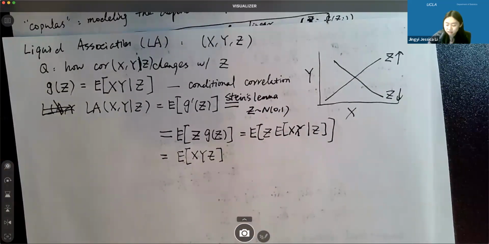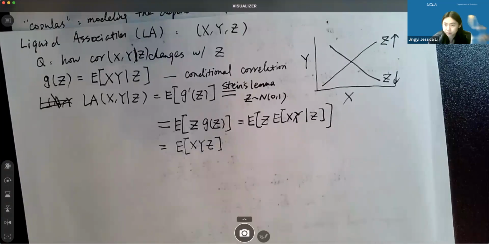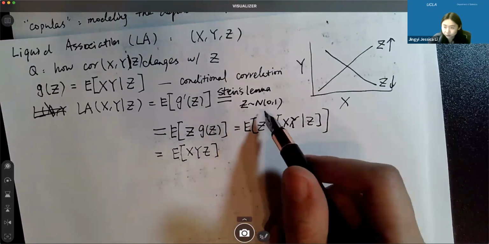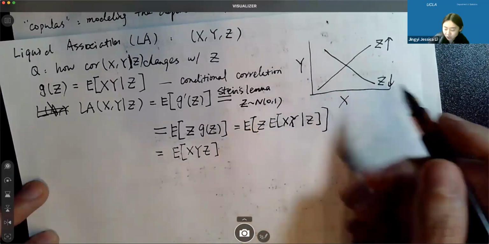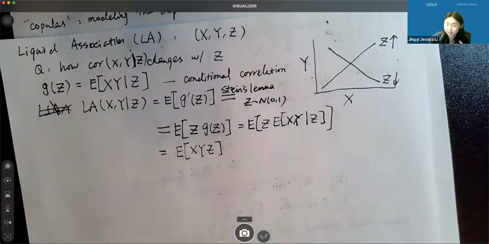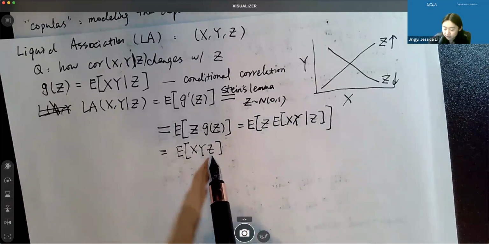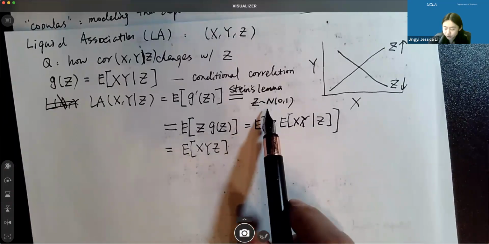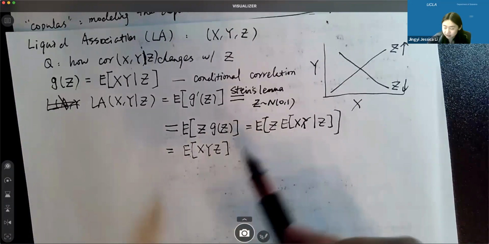All right. With this definition, we can compute liquid association by averaging, as long as the Z variable follows the standard normal. The algorithm uses the inverse normal transformation we told you about to convert n observations Z1 to Zm so that they follow the standard normal. Then we just apply averaging.